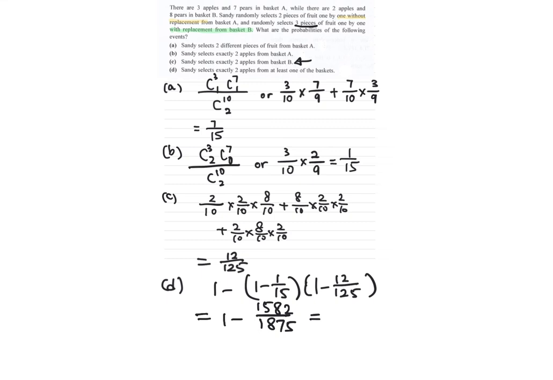So the probability is 1 minus the probability of not exactly 2 apples from basket A, and at the same time not exactly 2 apples from B. That means not exactly 2 apples from either A or B. So 1 minus this one, 1 minus 1582 over 1875, and then the result would be 293 over 1875.